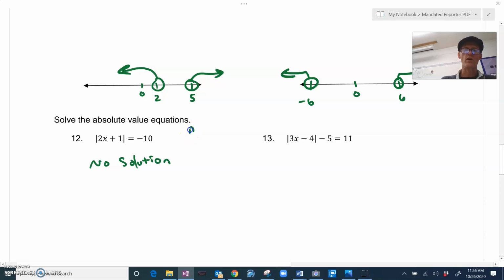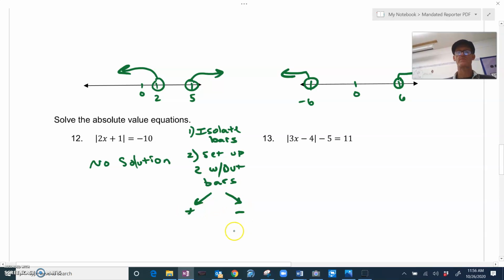Okay, so 1, isolate the bars. Set up 2 problems without bars. One of them's positive and one of them's negative.